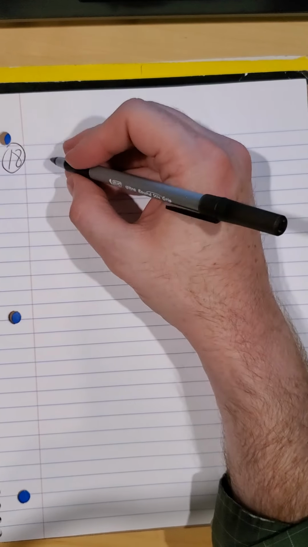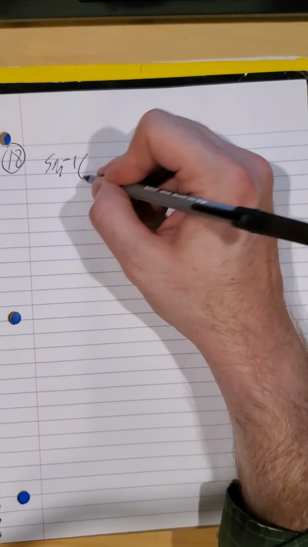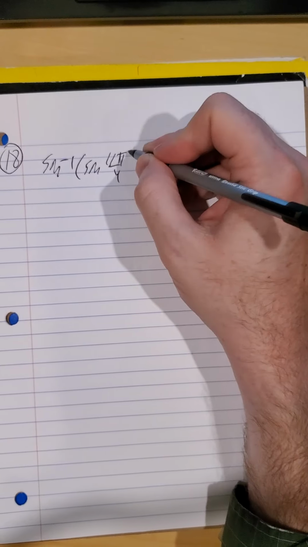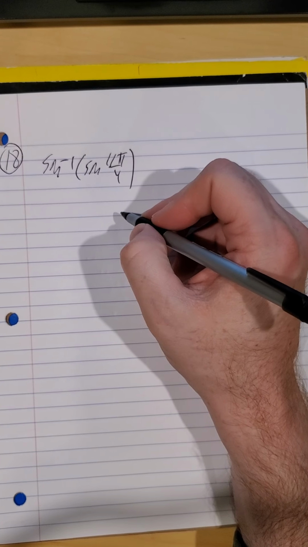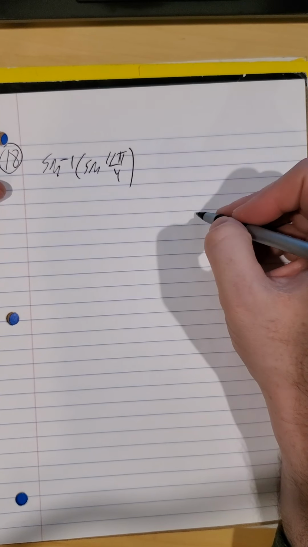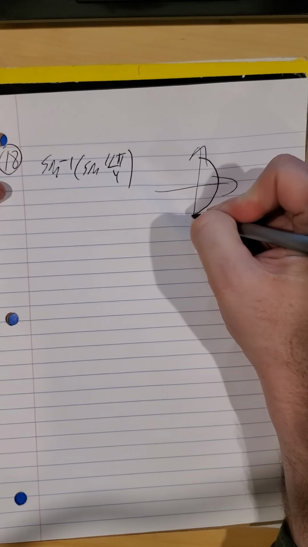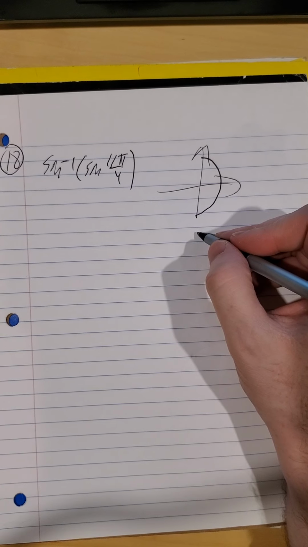18, so the arc sine of the sine of 11 pi over 4. So remember, sine, we're working with minus pi over 2 to pi over 2.